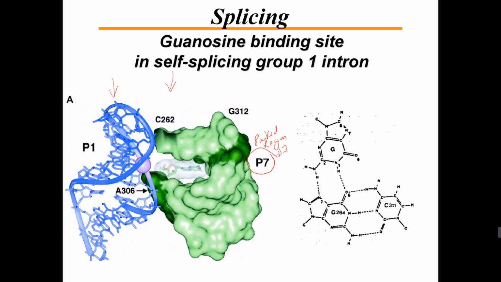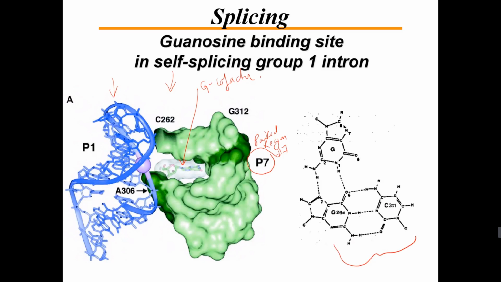And you can see very vaguely down here, this is our G cofactor that's actually come in to the active site in that 3D self-splicing intron. Okay, so when that G cofactor actually comes in, it forms a triple base pair between a GC pair, which are these ones here, that is found in that paired region number 7.